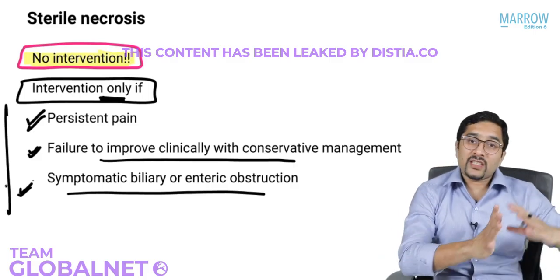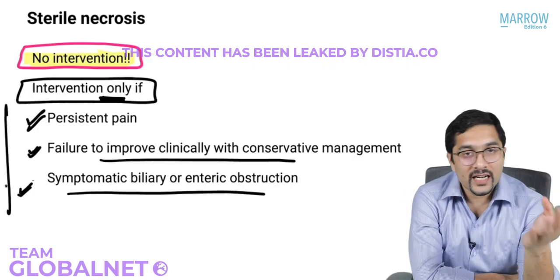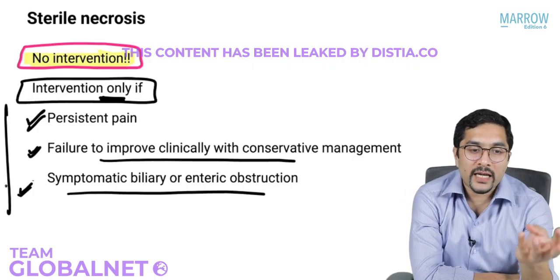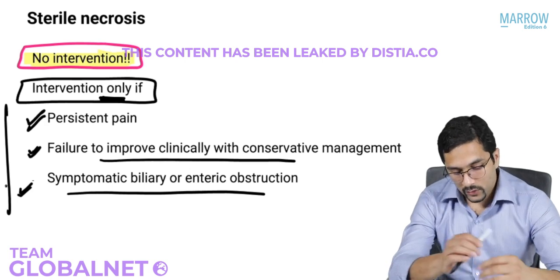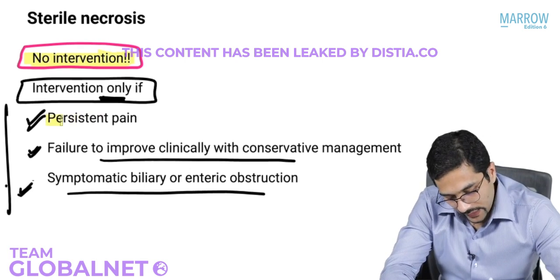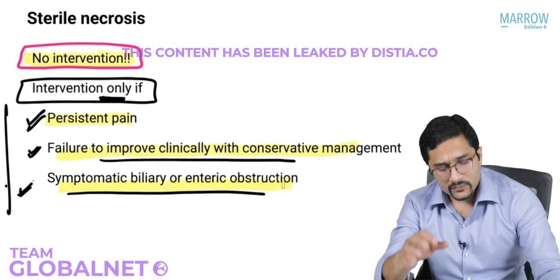So these are pretty much on the same lines as we spoke about for ERCP, right? We were doing ERCP if there was persistent pain, biliary obstruction, or failure to improve clinically. Same are the indications to intervene in sterile necrosis.